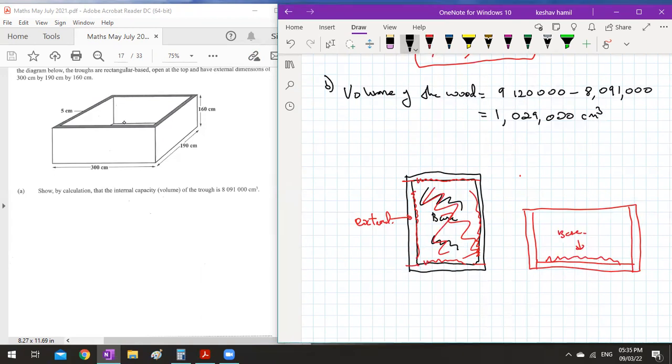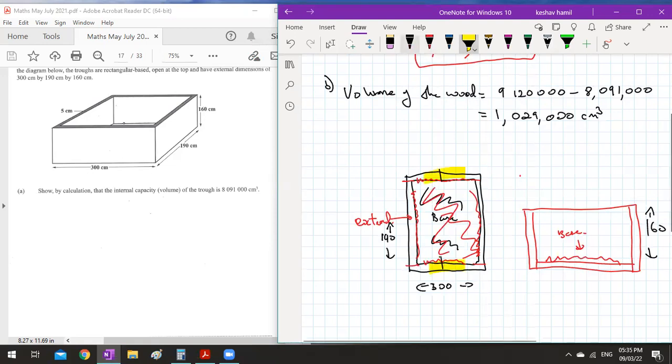So let's think about this. Let's say this is the 300 side. This is the 190 side. And the base here will give us the height of 160. Now remember, you're losing 5 centimeters here, 5 centimeters here.